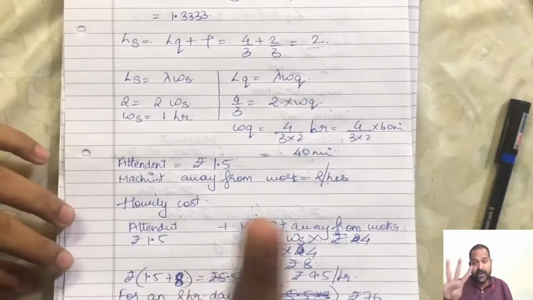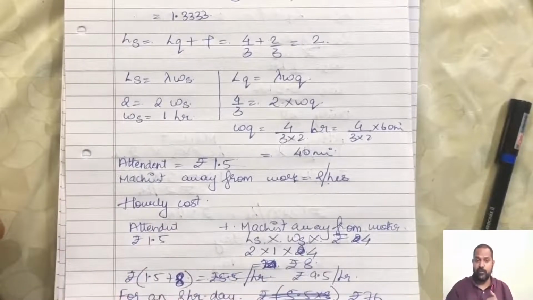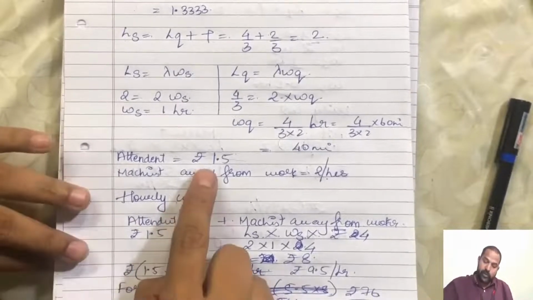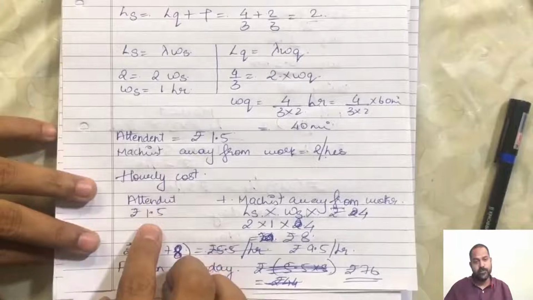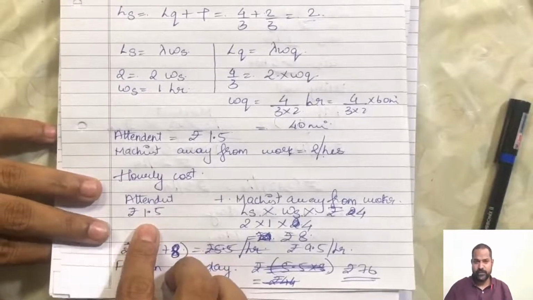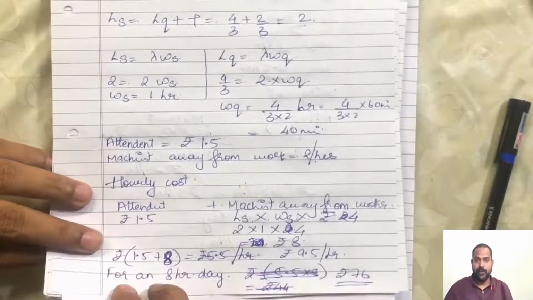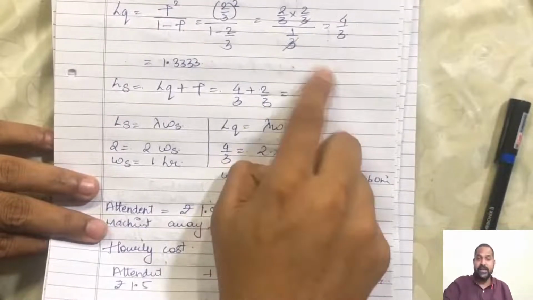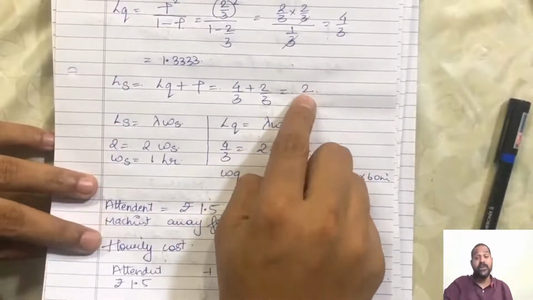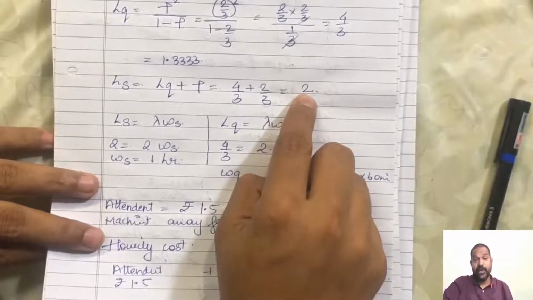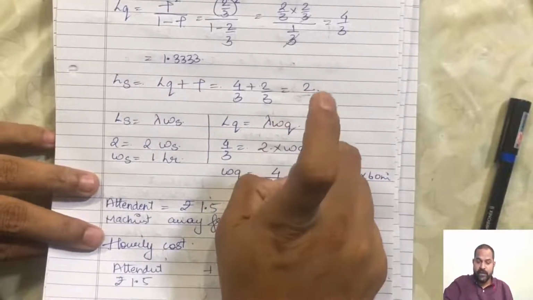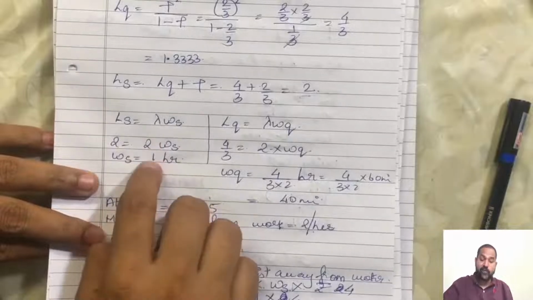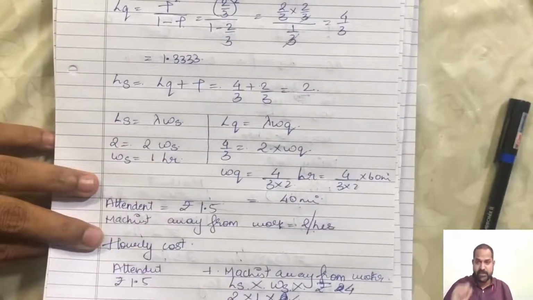So they have given me that, 4 rupees per hour away from work. Okay. So the attendant is 1.5 rupees per hour. That is fixed. What about the worker? Well, every time I go to the tool shed, I see 2 people stuck in that tool shed. 2 machinists stuck in the tool shed for service. These 2 on an average are stuck for 1 hour, which means every machinist is stuck for 1 hour.